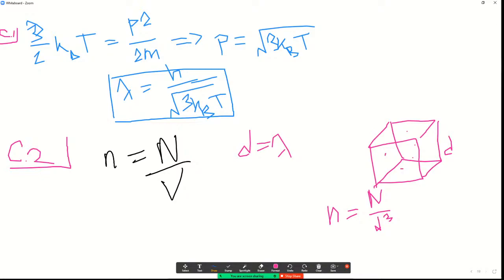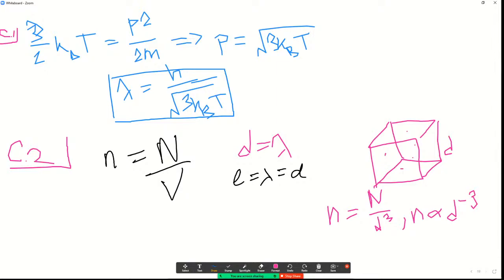Okay, so maybe they're the same scale, so we can approximate and write it as L. But we also don't know capital N. Well, I guess N is proportional to d to the minus 3.